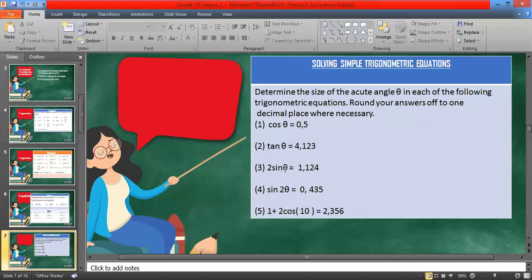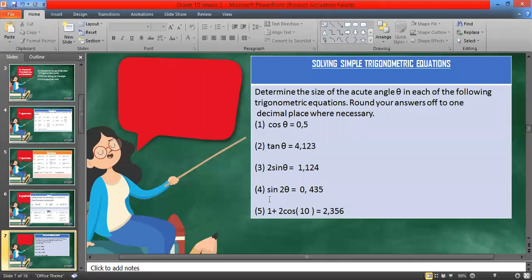Then you're going to have sine theta equals 1.124 divided by 2, which will give you 0.562, precisely. And then you find the sine inverse. To find theta now, you move the sine. So find the sine inverse of 0.562, and then you get your value of theta, then you can round it off to 1 decimal place.